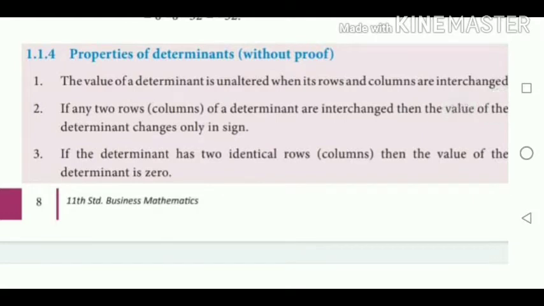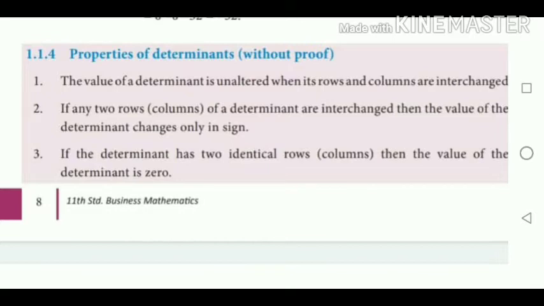Okay, so here we are studying without proof. There is no proof needed here. We have to read only the properties. So the value of the determinant is unaltered when its rows and columns are interchanged. Here if you change the rows into columns, you are finding the transpose. First row write it as first column, second row as second column, and third row as third column.